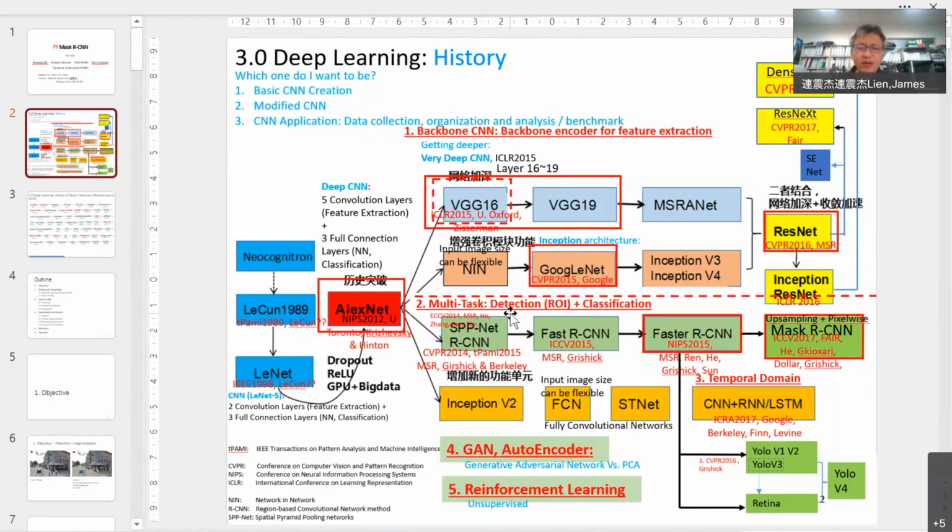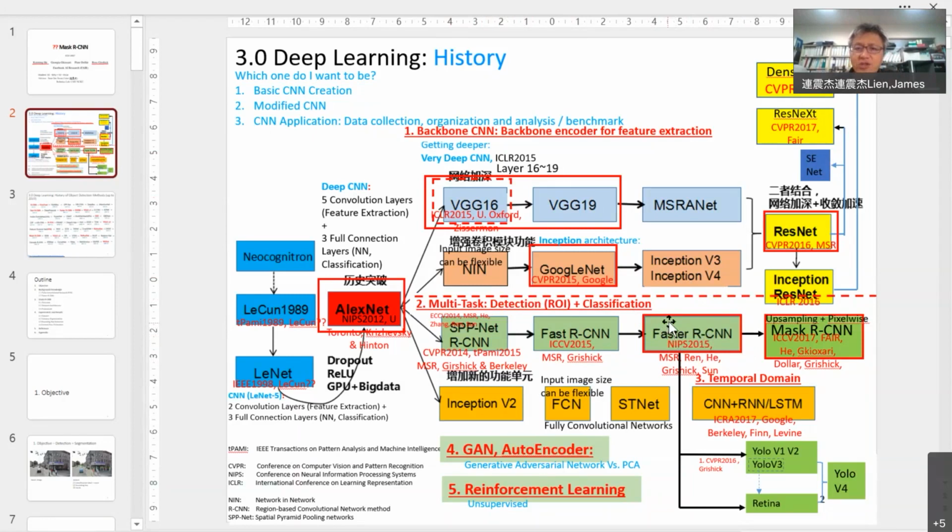Next is the multitask, where we hope the input is the entire image, and then we try to detect the bounding box and do the classification. That's the first one, Faster RCNN.